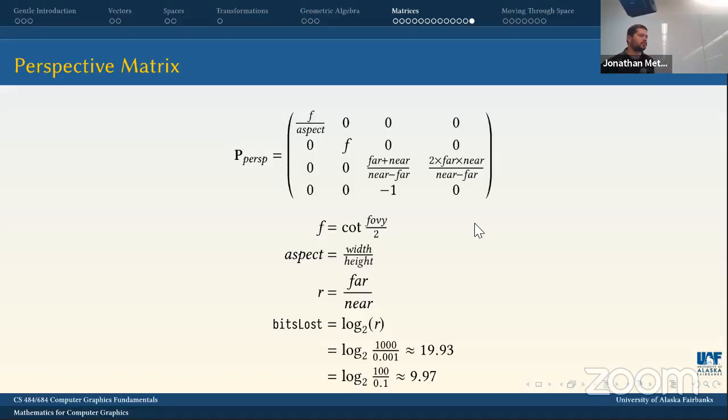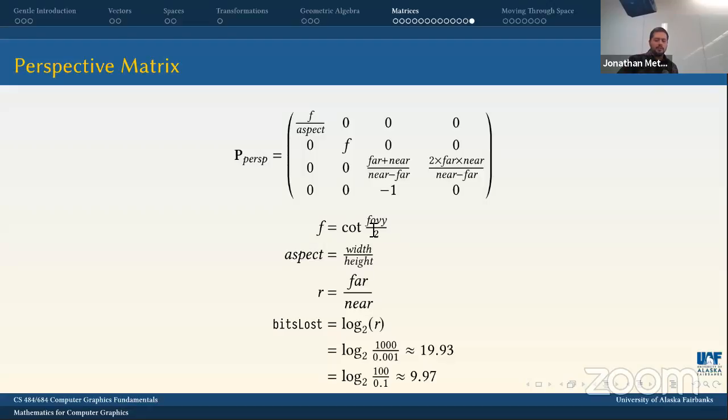So here we're interested in doing a camera. Let's say we know the field of view, and we're going to pick the Y direction. You can do it in the X direction, but let's say the camera has a 45-degree field of view going from top to bottom. In order to do this one, we need to calculate the cotangent.